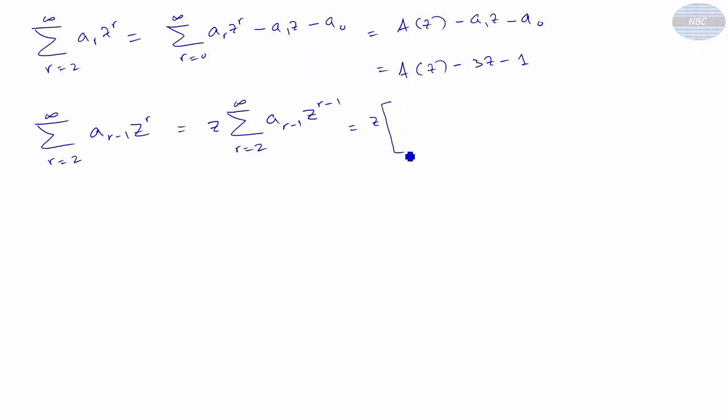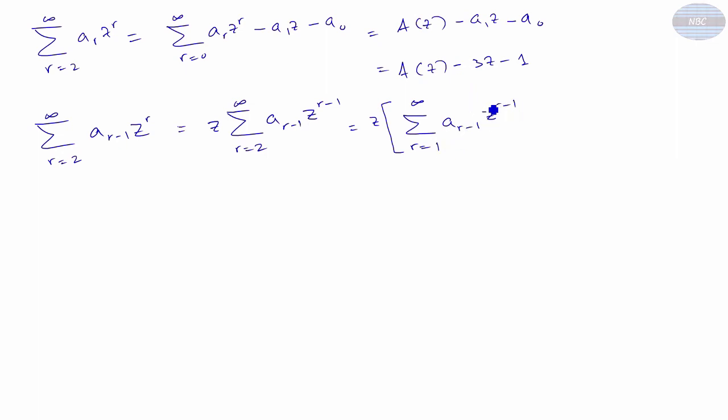Okay, so it can be written as r is equal to... sorry, it is not 0, but here we have to take r is equal to 1, because if you take 0 then the subscript of a will be negative.